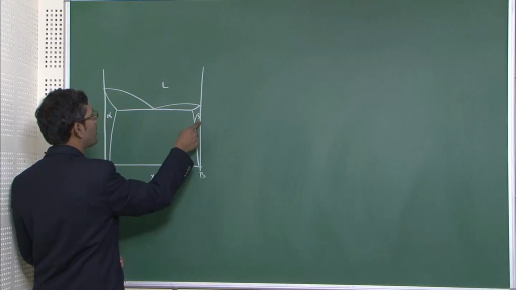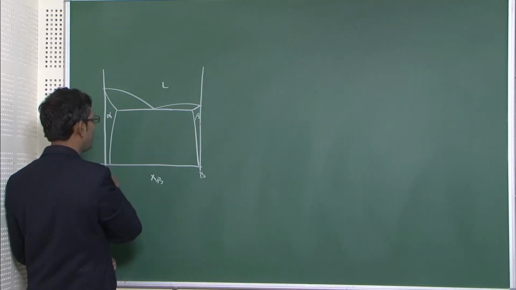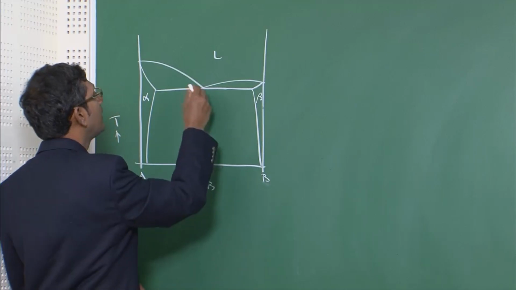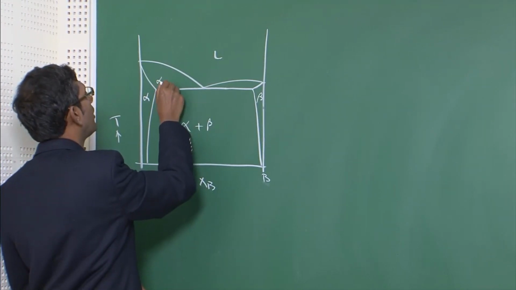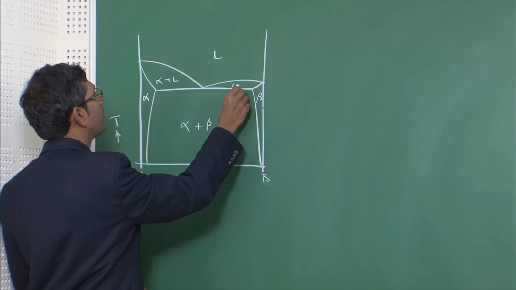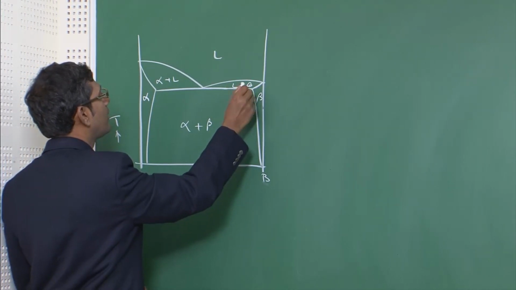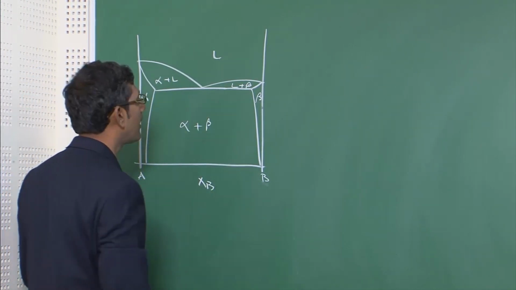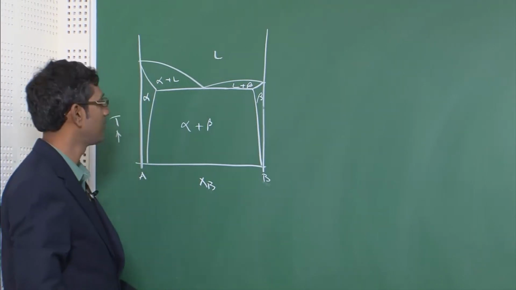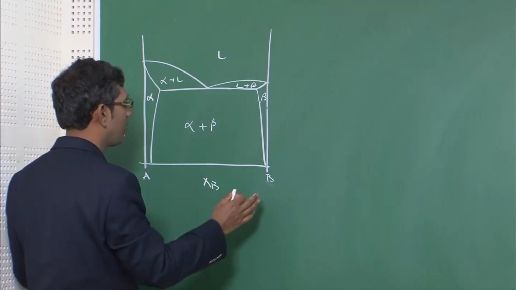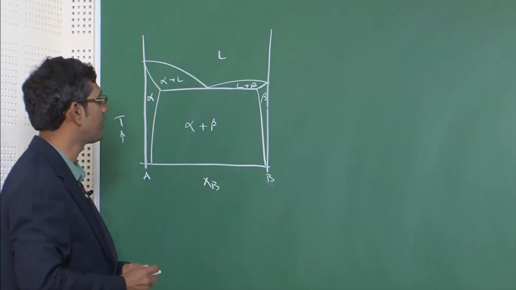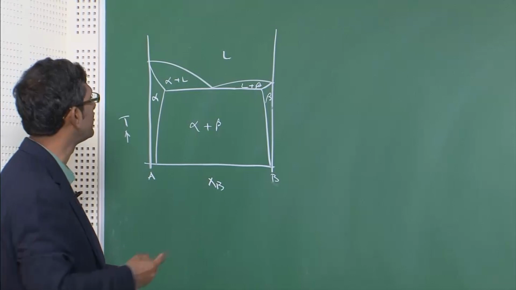These two are the two terminal solutions at the A end and B end respectively, and this is alpha plus beta, this is alpha plus liquid, this is liquid plus beta. So there are three two-phase fields and three single-phase fields. We are going to draw the free energy composition diagram for this generalized eutectic phase diagram. You can draw it for others very easily.